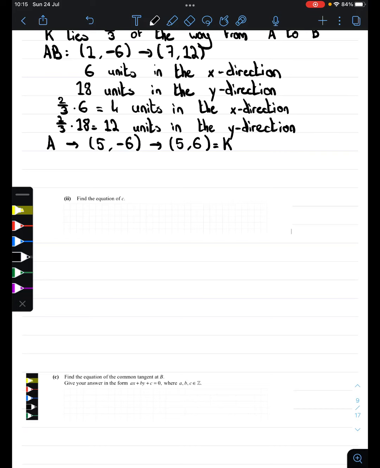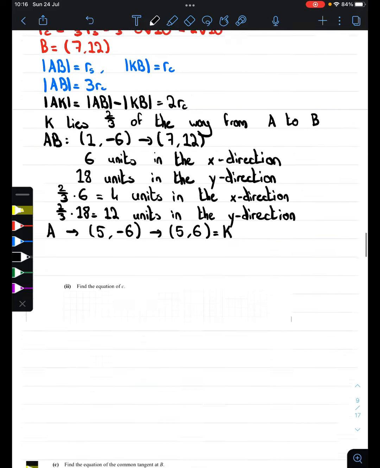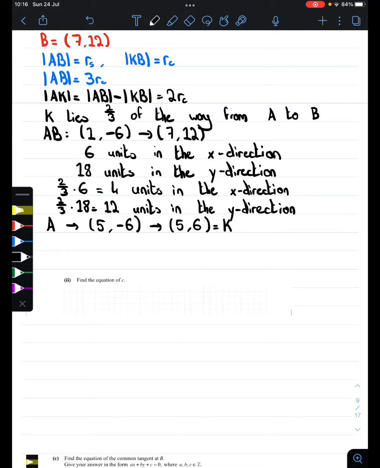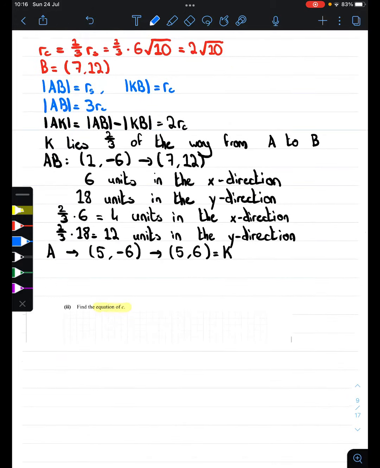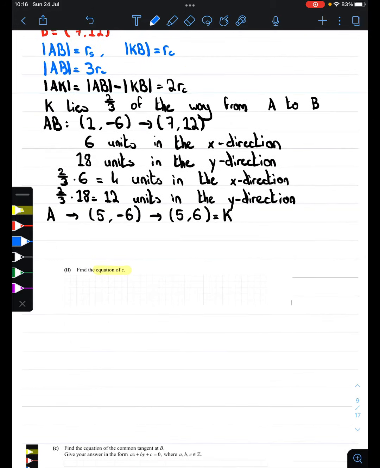So this equals K. Now, part 2 of B, find the equation of C. Well, what is the equation of a circle? We actually did it earlier, but let's just put it in again. (x - h)² + (y - k)² = r², just using the log tables.